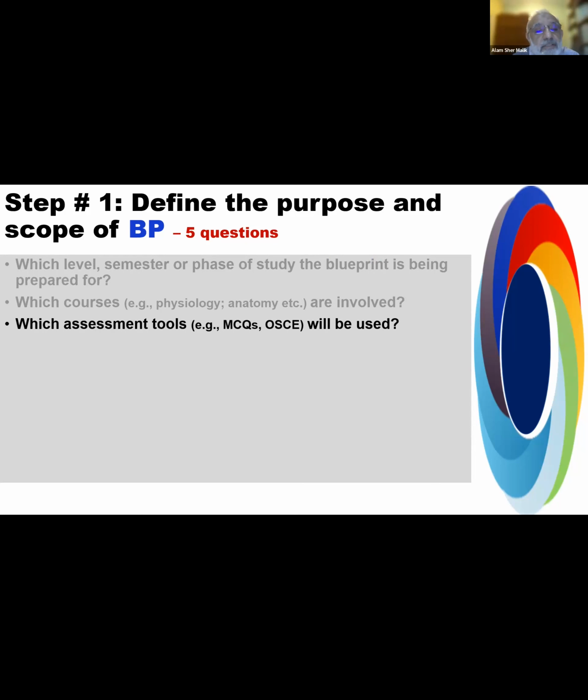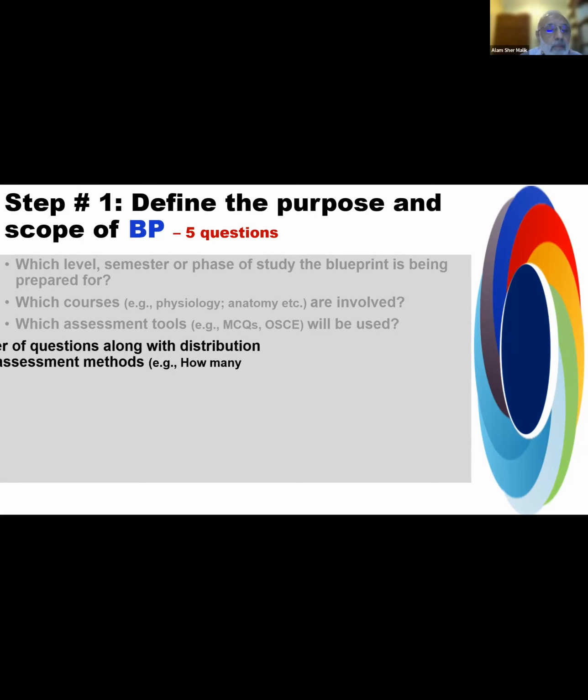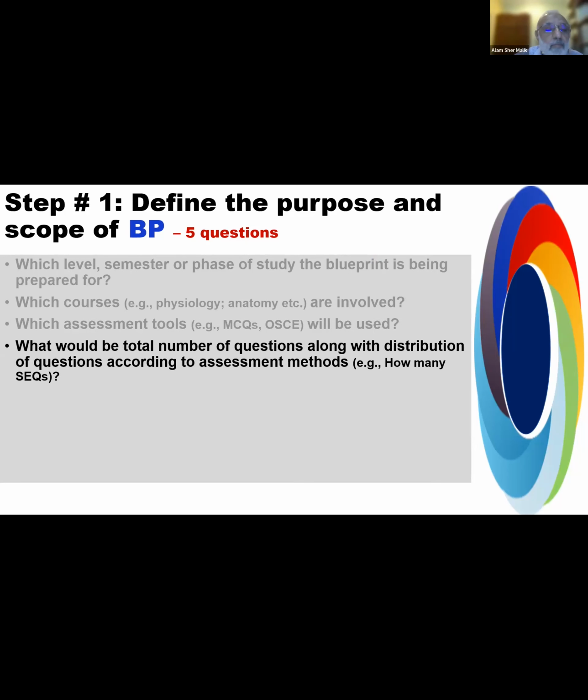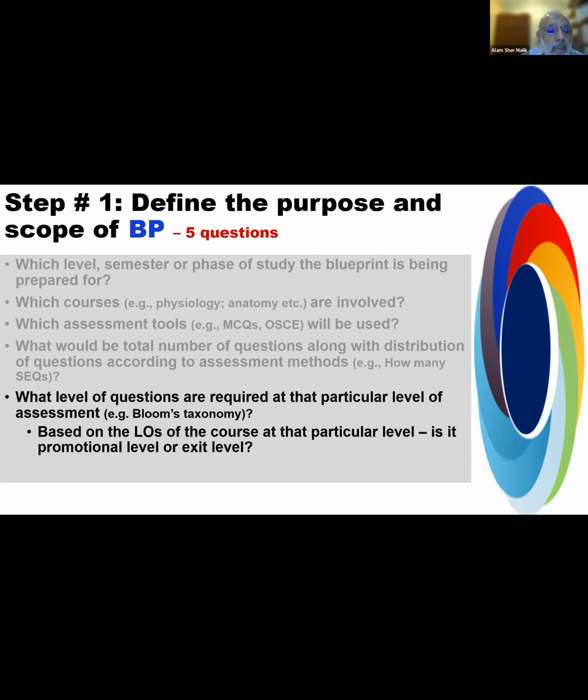Third, what assessment tools are we going to use? Multiple choice questions, or others, and it can be both. Fourth, what would be the total number of questions, along with the distribution of questions according to assessment methods? And fifth, what level of questions are required at the particular level of assessment?